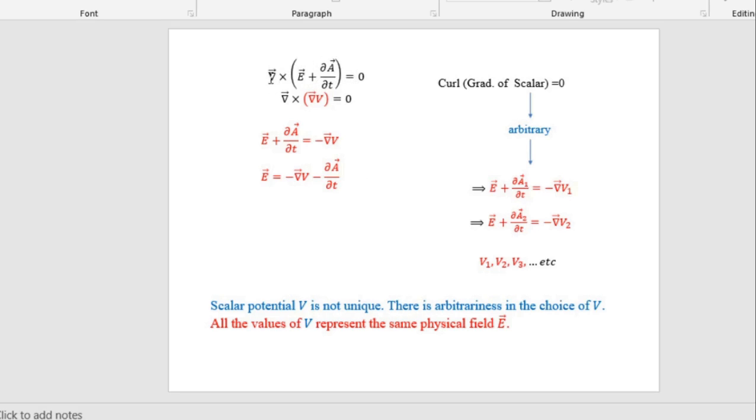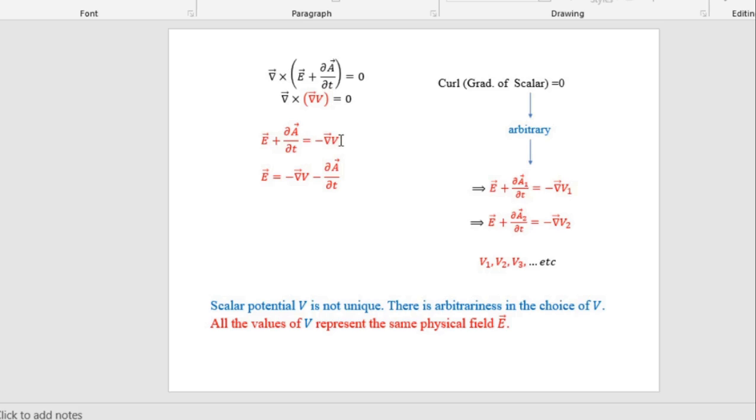That means for the same equation, for the same electric field E, we can take any arbitrary value of this scalar potential. In this defining relation, in expressing E in terms of this scalar potential, this scalar potential is not a unique potential.